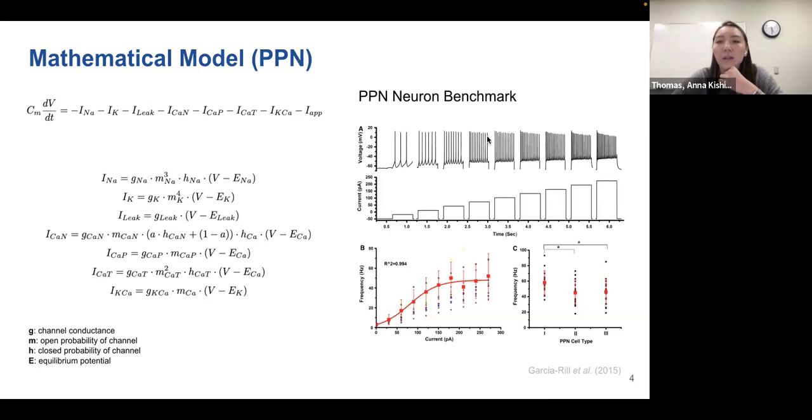So the interesting thing about these neurons is that even for very, very large applied current, they still continue to fire and fire more rapidly, or as it plateaus a little bit here, as we can see in the frequency, versus for other neurons, it's more commonly seen that once the current is too large, the timescales of the channels are such that they cannot either pull the voltage back down fast enough or not activate fast enough, so they just go quiet once the applied current is too large.